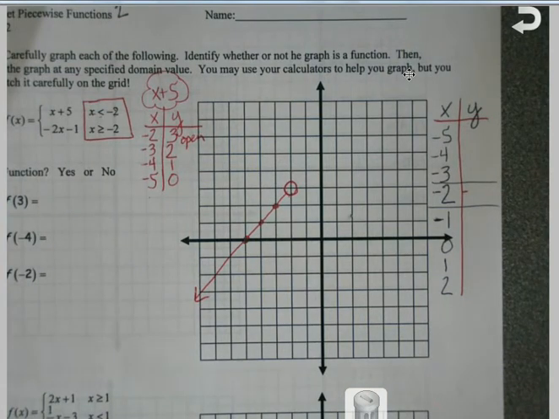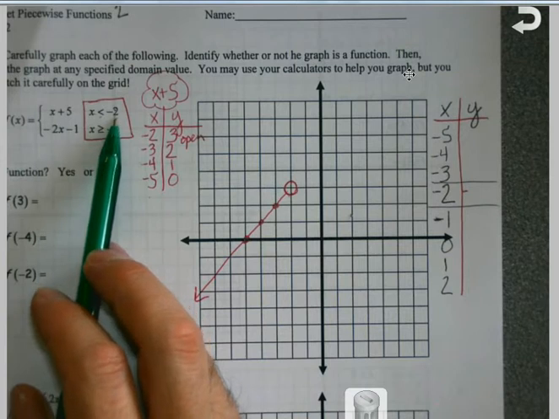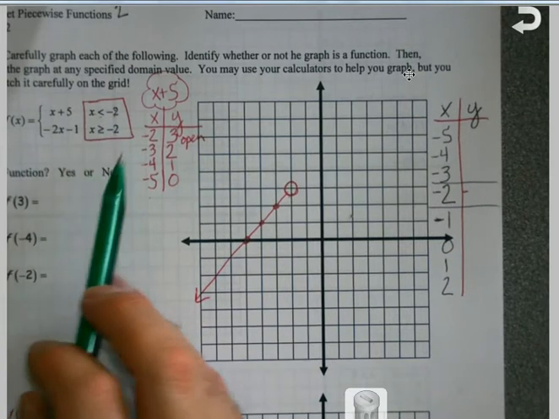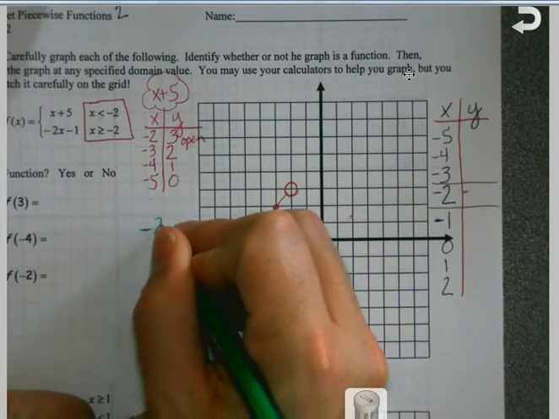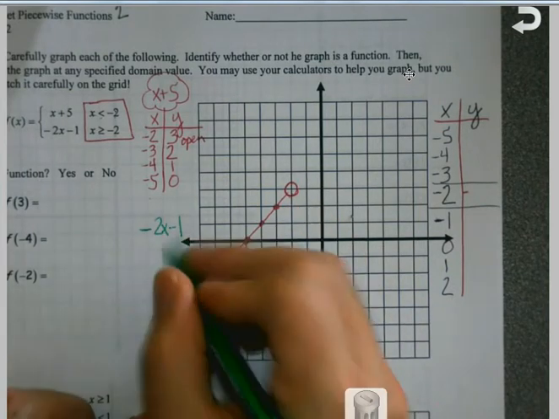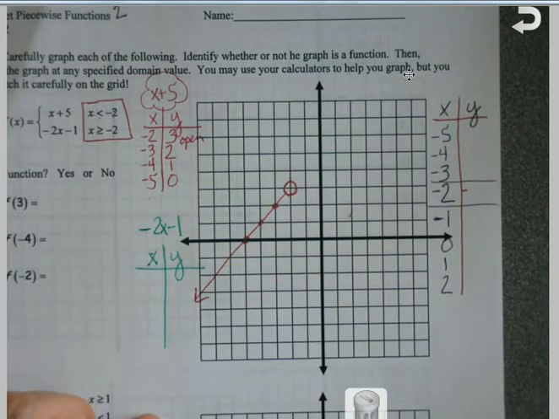But we always start our line from whatever value they have for x in the problem, in our restriction. I'm going to do the same thing, because now in retrospect, I think doing these separately is going to serve us much better than trying to do them all at once.